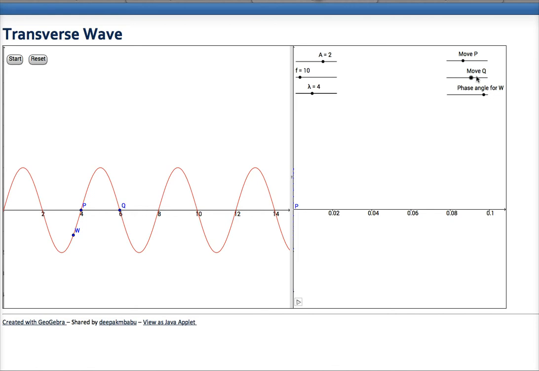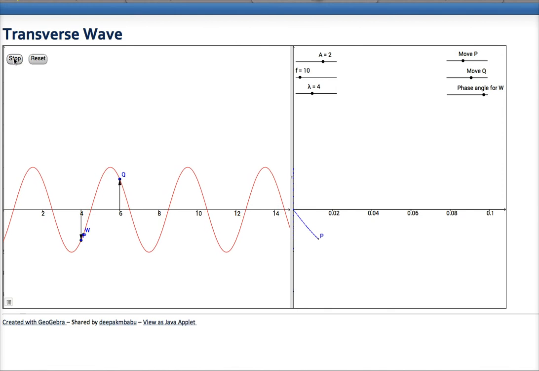Remember, two particles in the same phase must have the same displacement and the same velocity at any point in time. So now you're comparing two particles, which means you're looking at the left hand side. Here we go. Are they in phase?